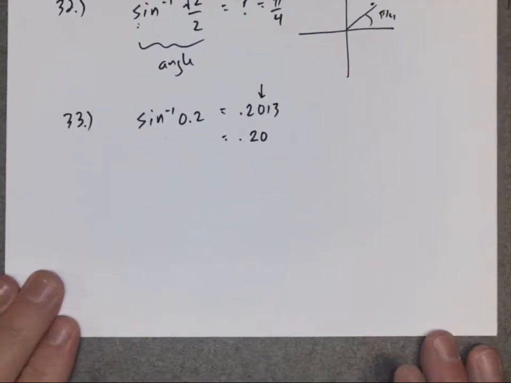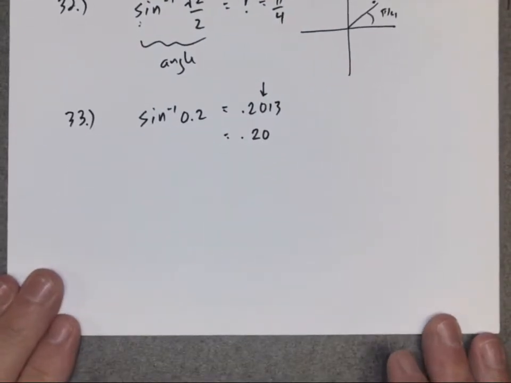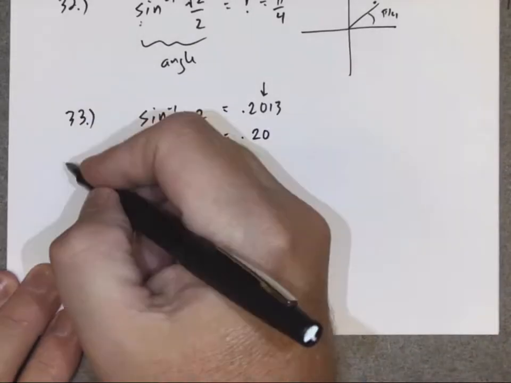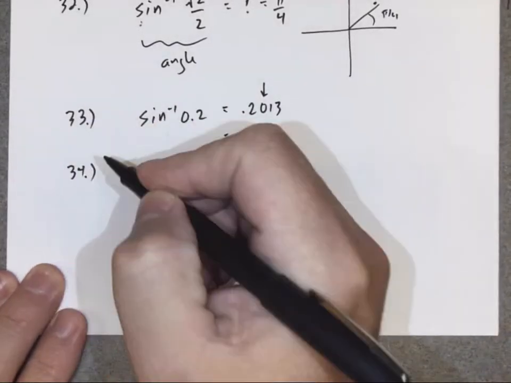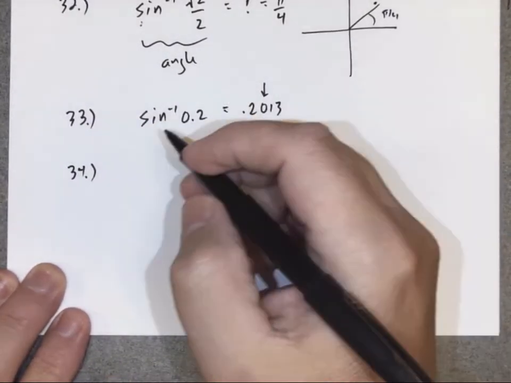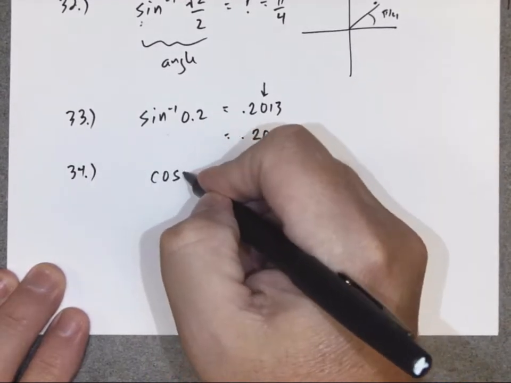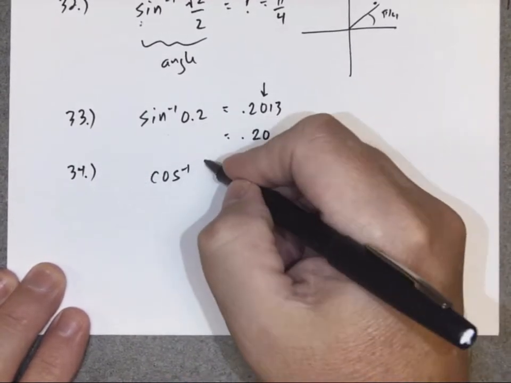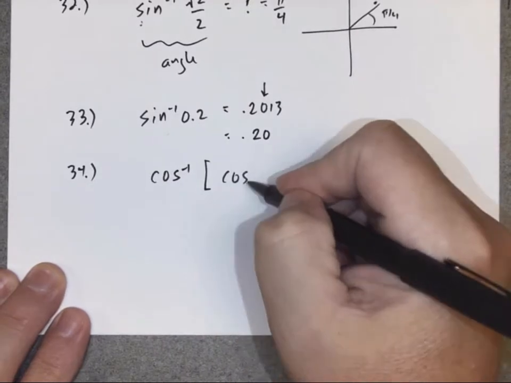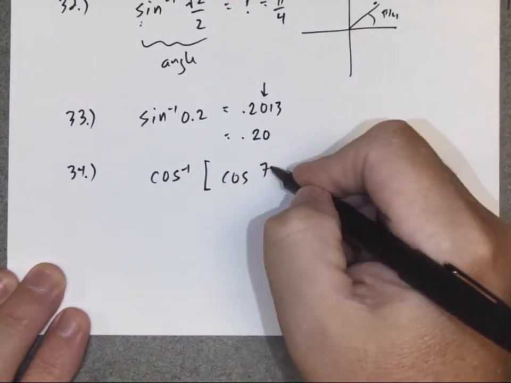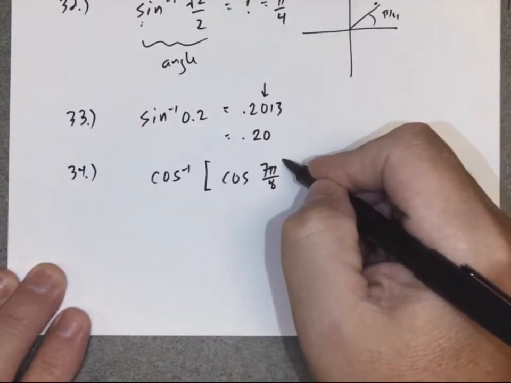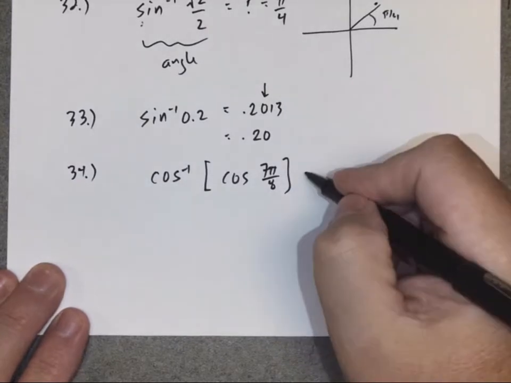Now, just to make things more interesting, they do these, what we call composite trig functions. So 34, they take the inverse cosine of the cosine of 7 pi over 8.